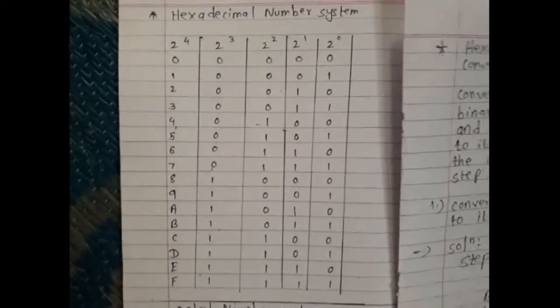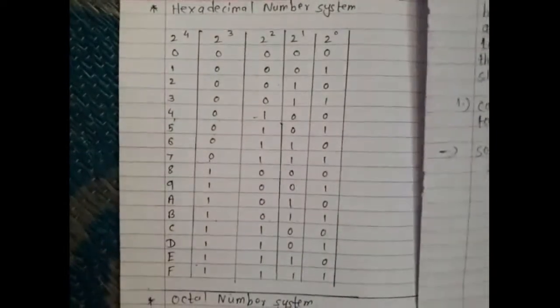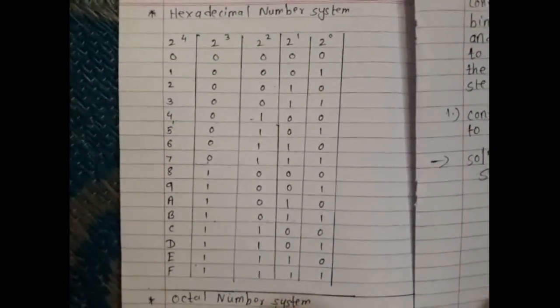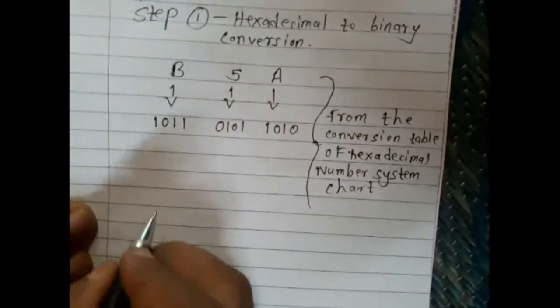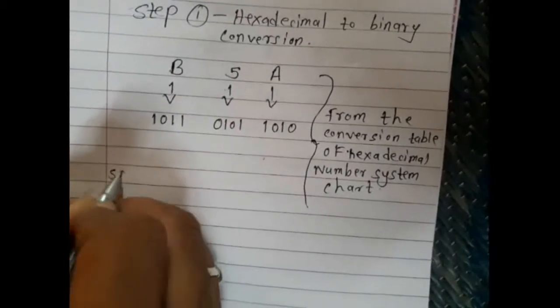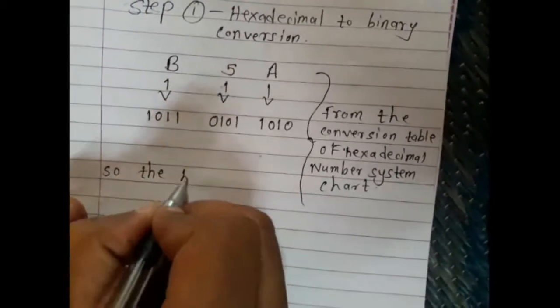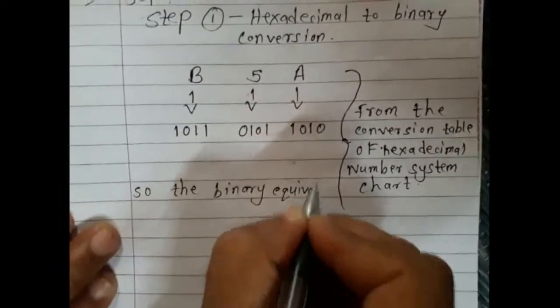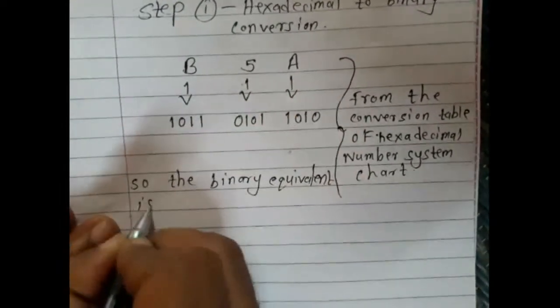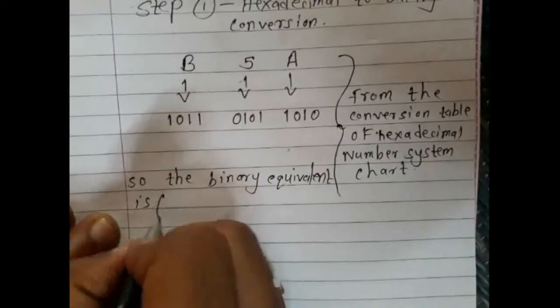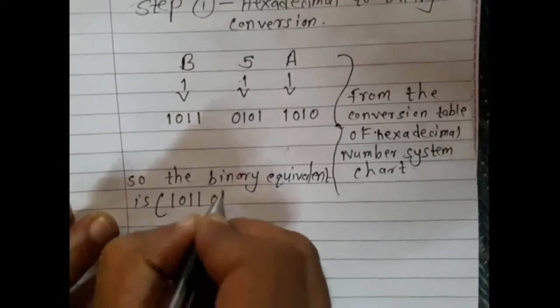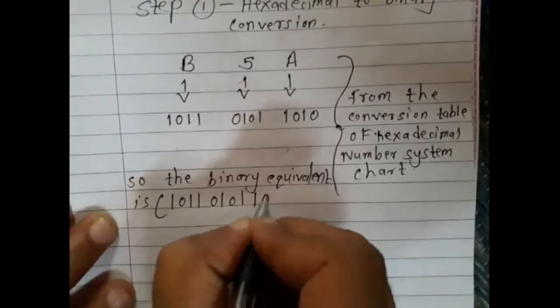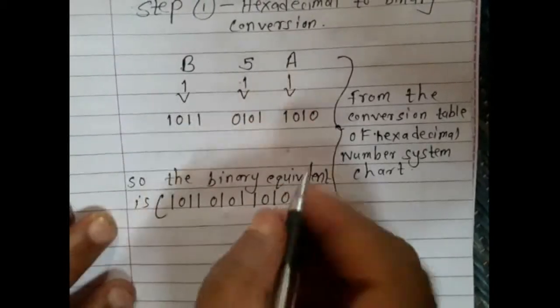Okay, from this table we have taken this. Now see, so the binary equivalent is, put this number, 101101011010. Okay, this is our binary equivalent.